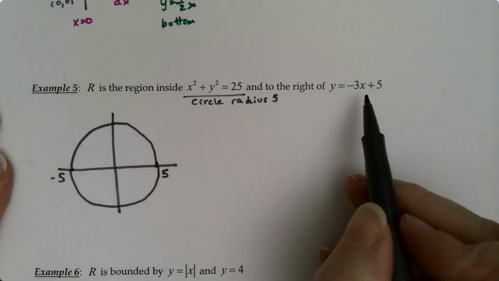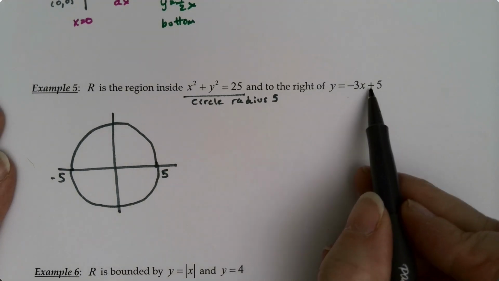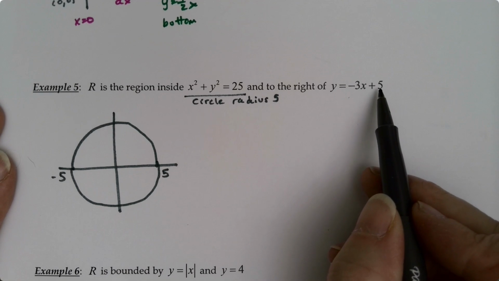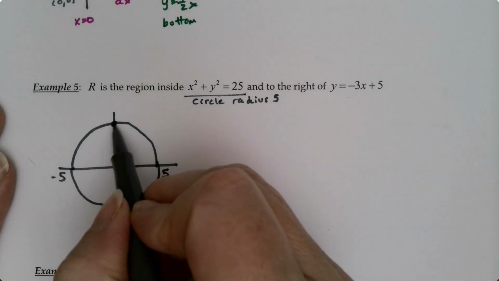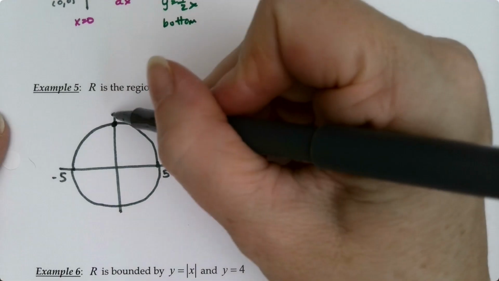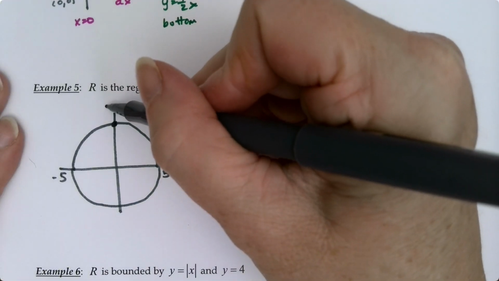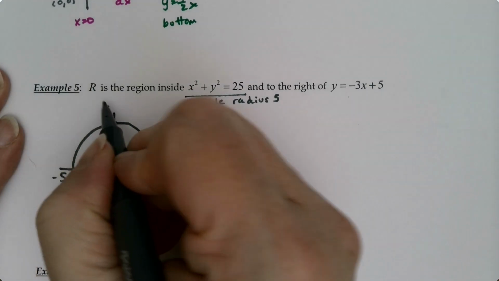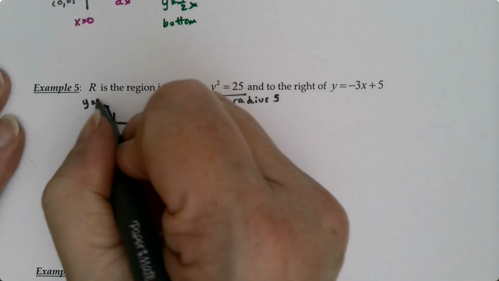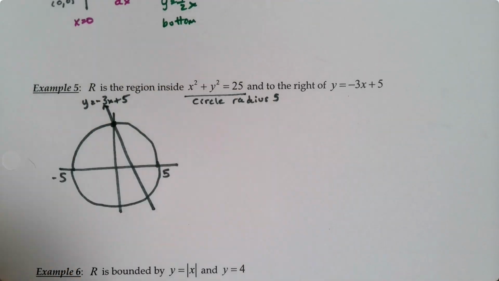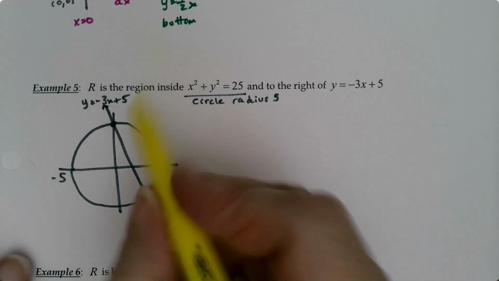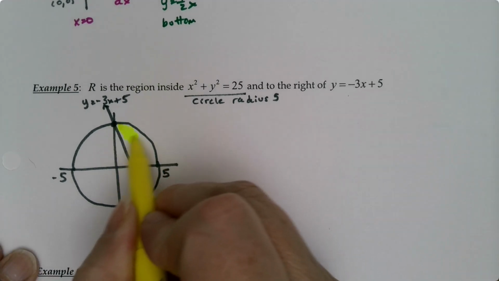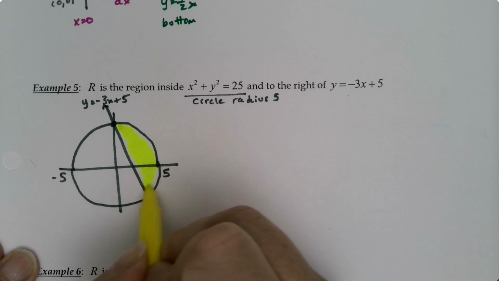All right, and now negative 3x plus 5 means it has a y-intercept of 5. So we're going to be coming along a diagonal line from up here to down here. So this is y equals negative 3x plus 5. And the region is inside that circle, but to the right of that line. So that's right here.